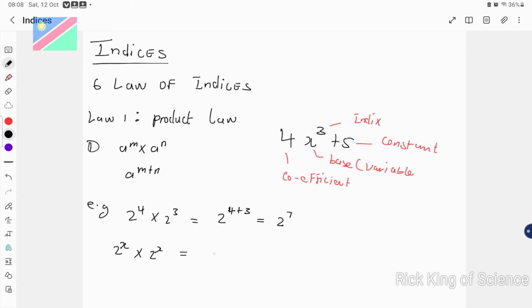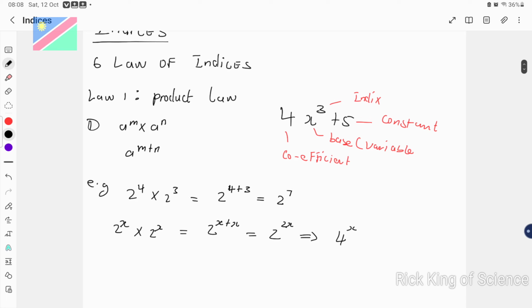So we're going to say 2 power x plus x, which is equal to 2 power 2x. If you want, you can go ahead and it becomes 4 power x. Most of you are not familiar with that one, but it's still the product law. Okay, let's continue to law number 2.